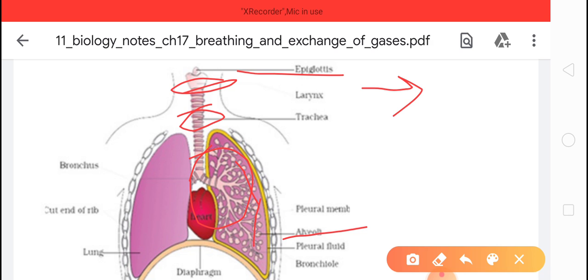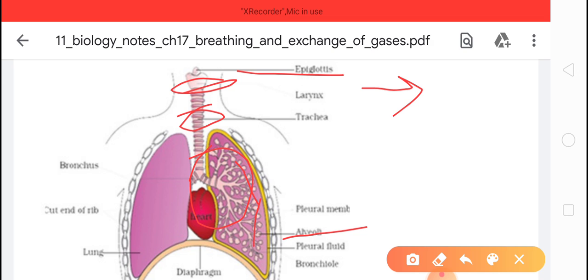Children, you know very well, alveoli are the structures in which the exchange of gases takes place. So if a question occurs in exam, name the part where the exchange of gases takes place, the correct answer is alveoli.